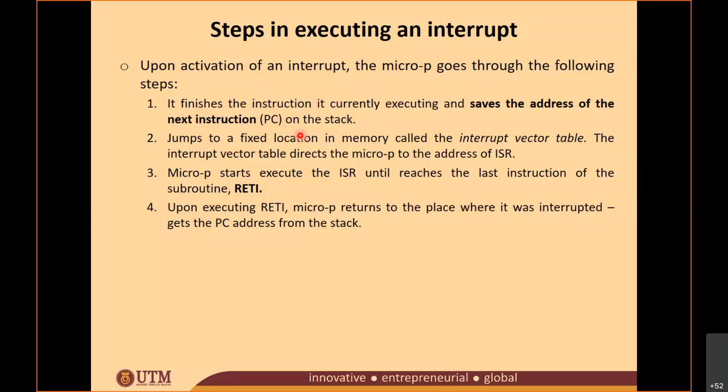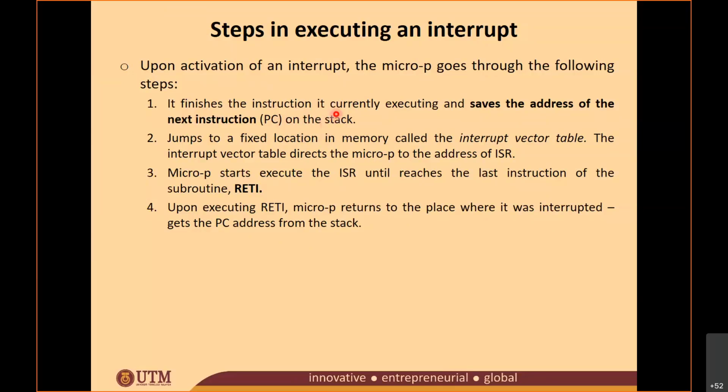Once the interrupt is invoked, the address of the next instruction will be stored to your stack. Because after you finish the interrupt, you need to resume back to that program, to that instruction.